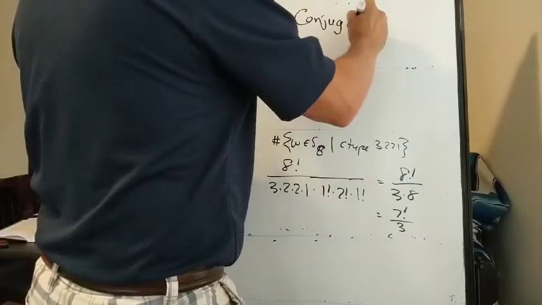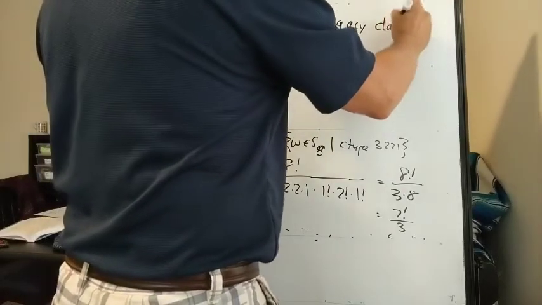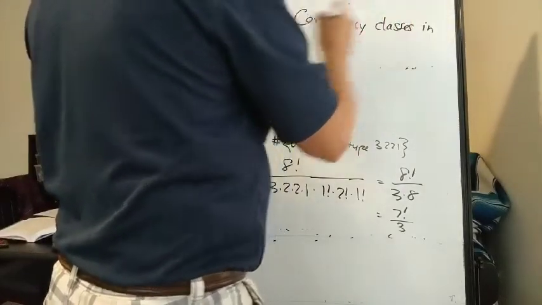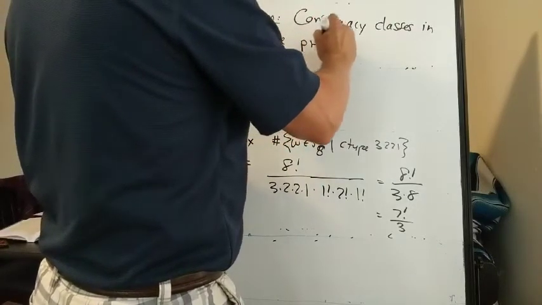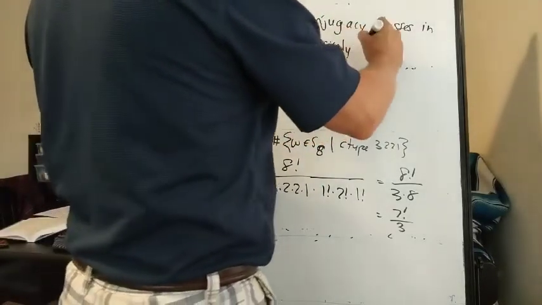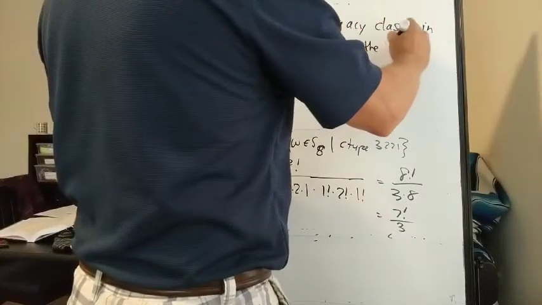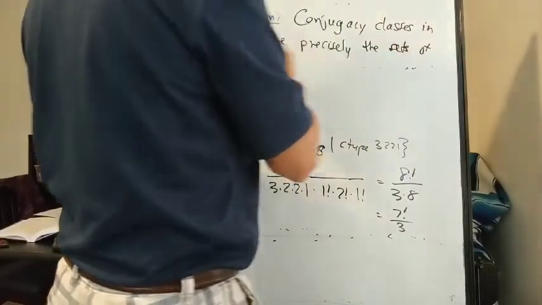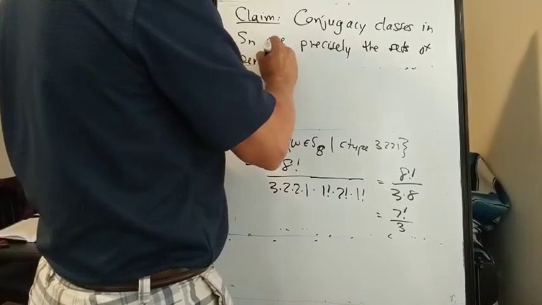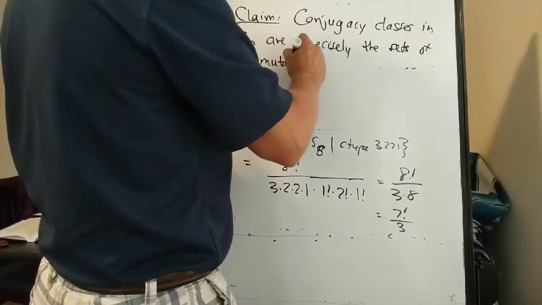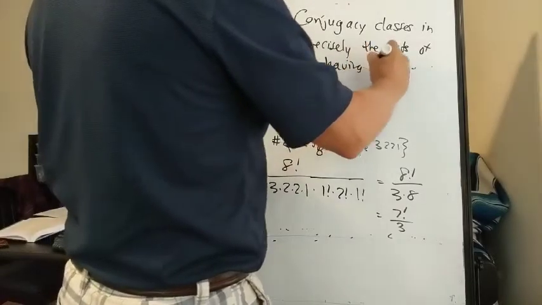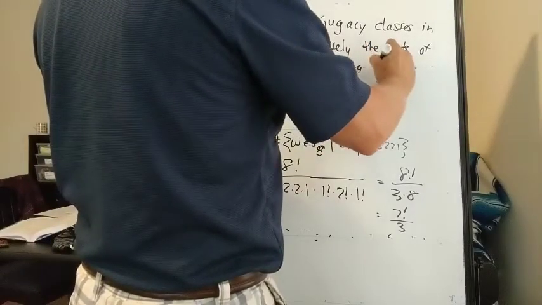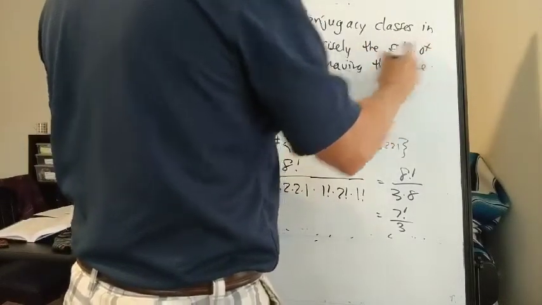So conjugacy classes in Sn are precisely the sets of permutations having the same cycle type.